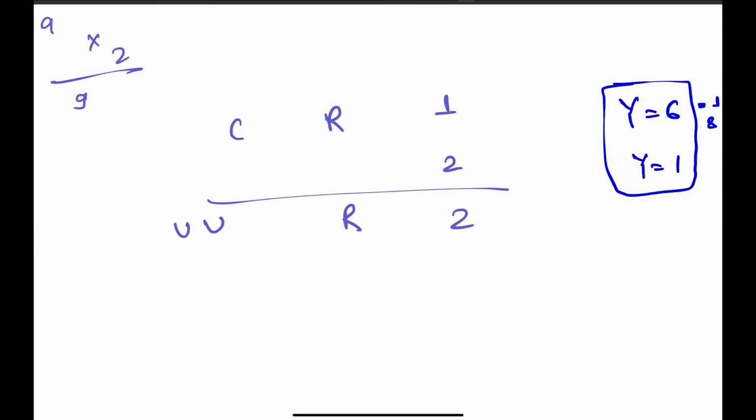So 2 into what should be 2? I can say 2 cannot be the possibility over here. 3, so 3 will be there. 3 into something, 3 will come.